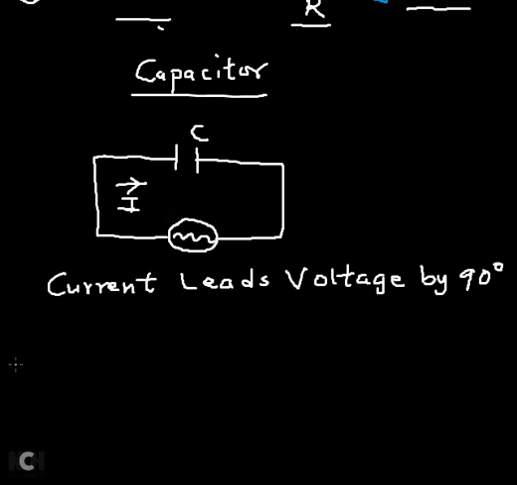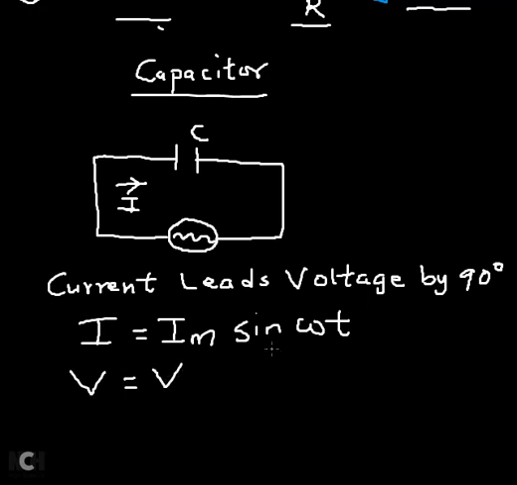If I write the equation of the current, I = I maximum sine omega t, then the voltage equation will have a phase angle of minus 90 degrees because the voltage is lagging. So the voltage across the capacitor is equal to Vm sine of omega t minus 90 degrees.